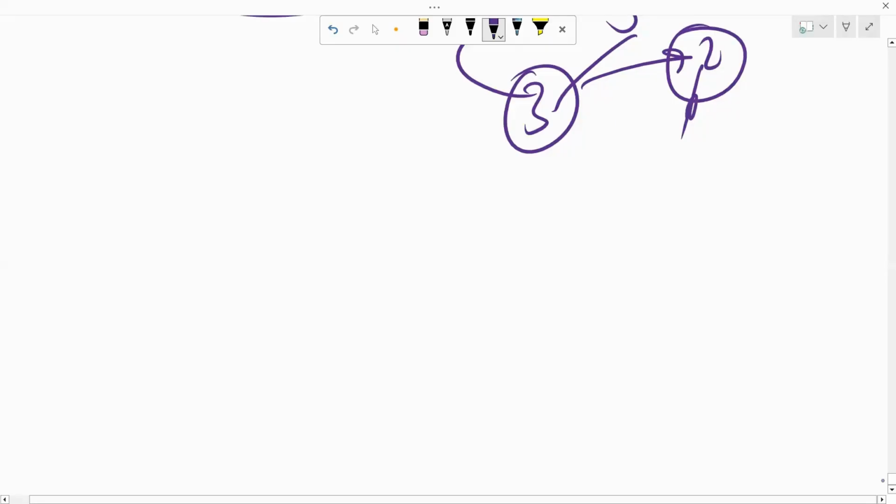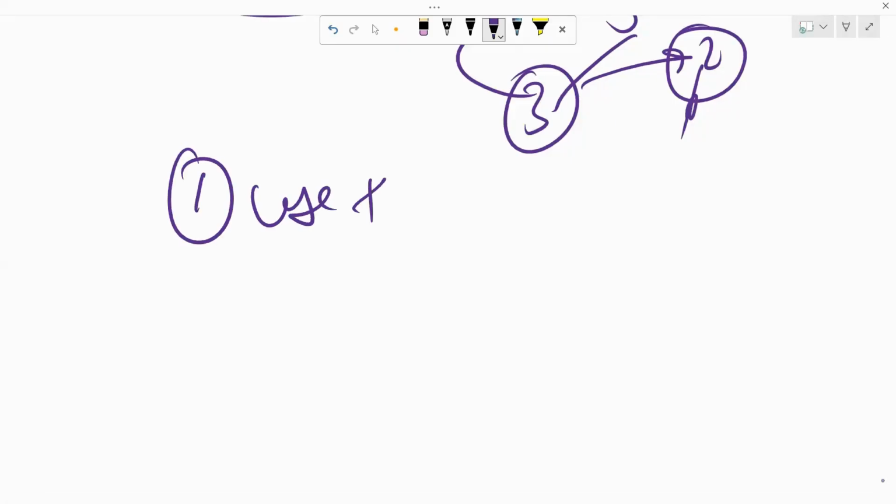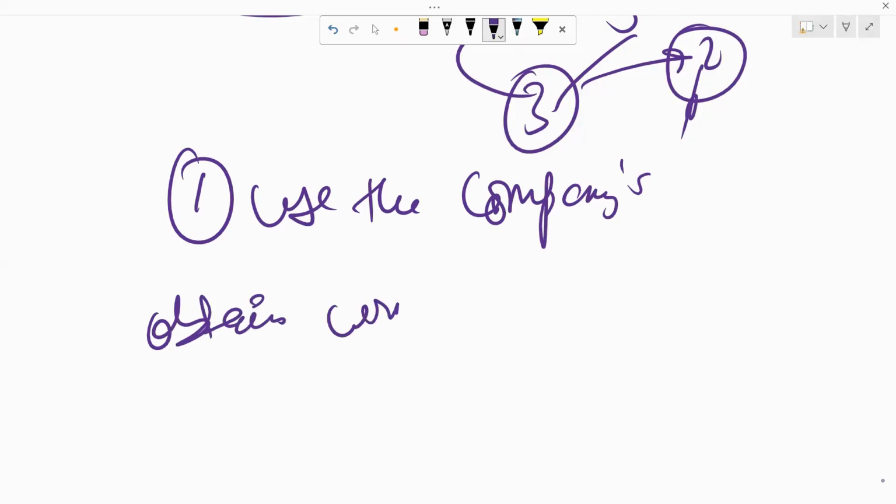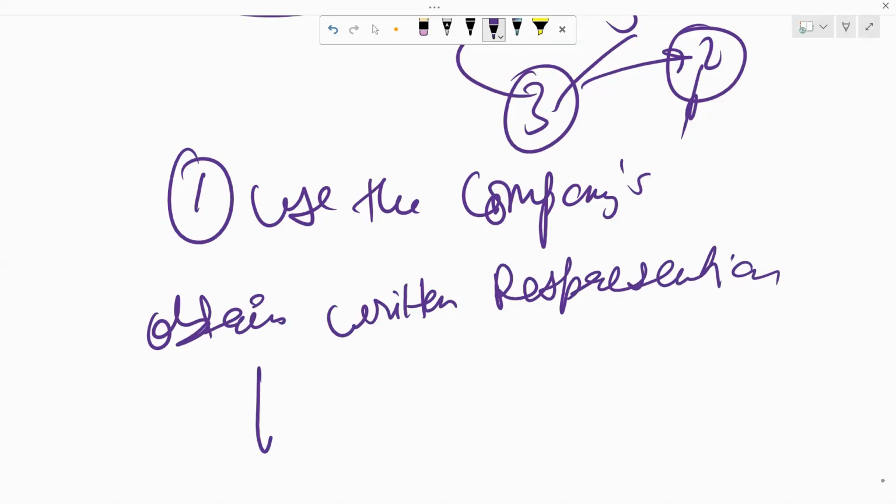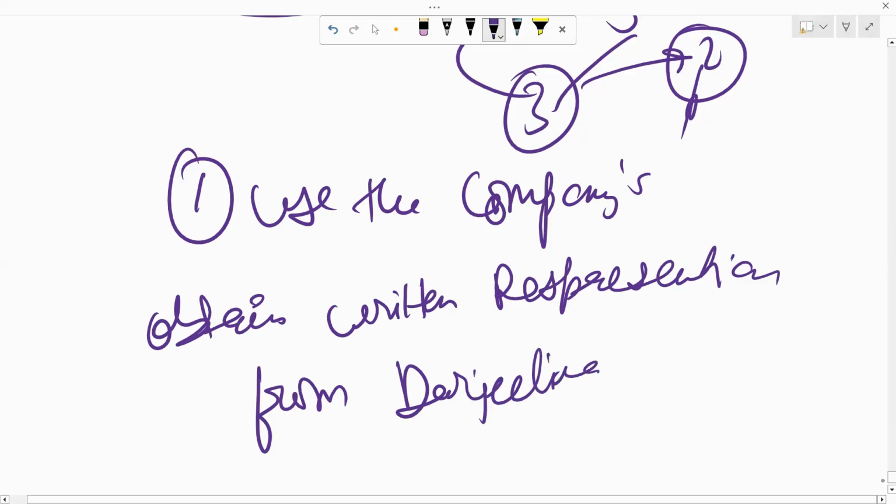Okay, firstly, we can use the company's name. Whenever, for example, obtain written representation, for example, from Darjeeling company management.